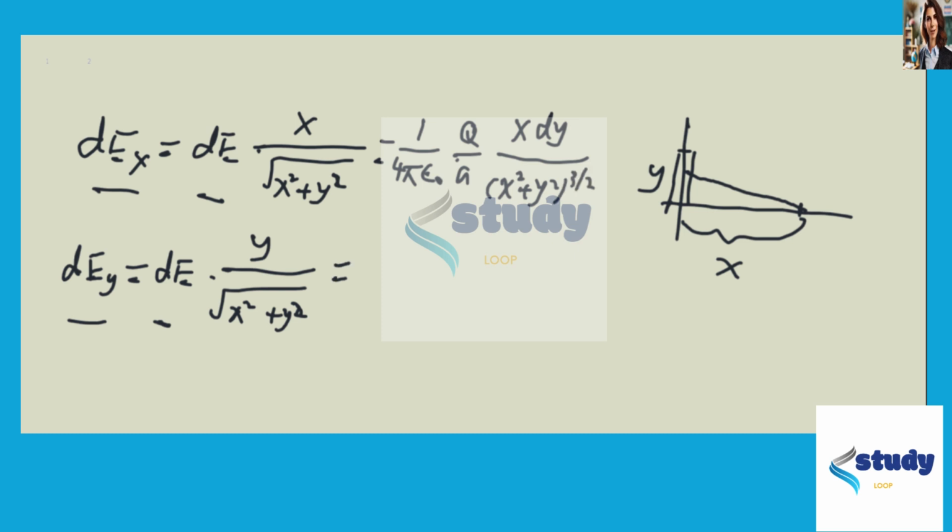And for dEy, this equals 1/4 pi epsilon naught Q over A times y dy over (x squared plus y squared) to the power 3/2. Okay, and then we can start doing the integral to find Ex and Ey.